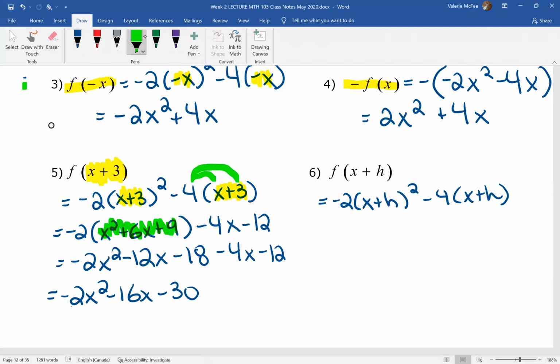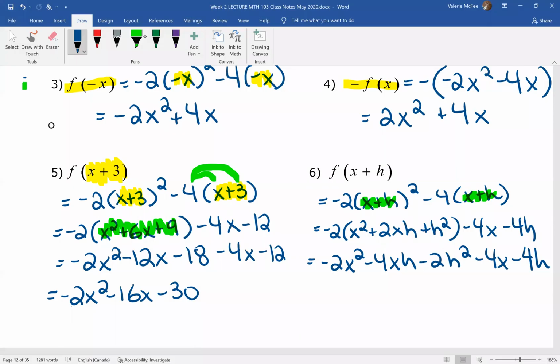Check your substitution. Did you change each x to x plus h? There were no terms to simplify here, so you have negative 2x squared minus 4xh minus 2h squared minus 4x minus 4h.